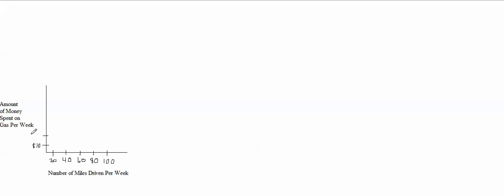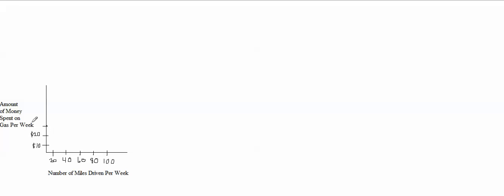So maybe 10, 20, 30, 40. This might not be completely realistic, but I'm just trying to make a point about what the shape will look like in the scatter plot. Because I'm not exactly sure how much money a person driving 40 miles per week would spend on gas unless I did some more calculations.